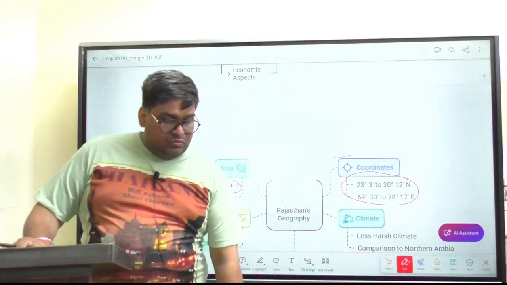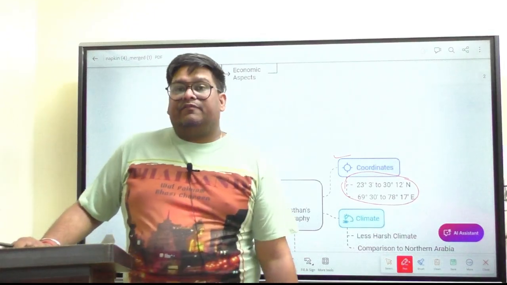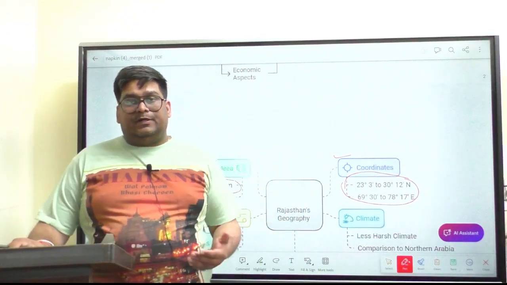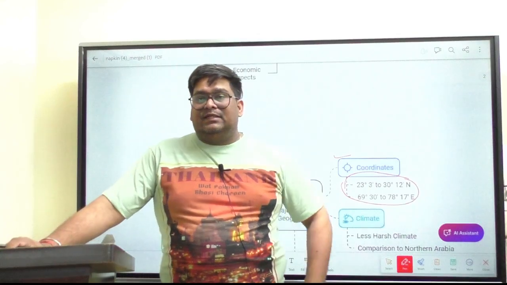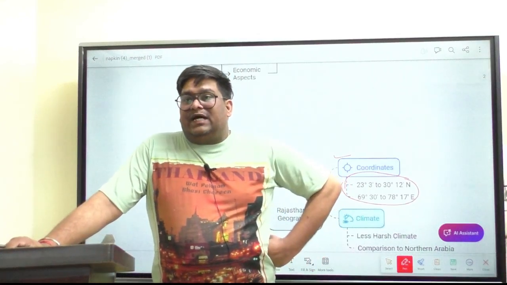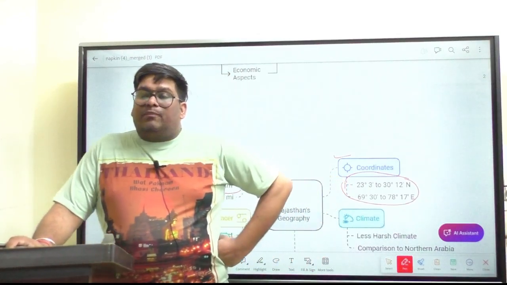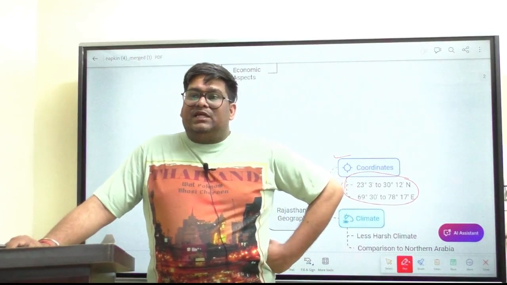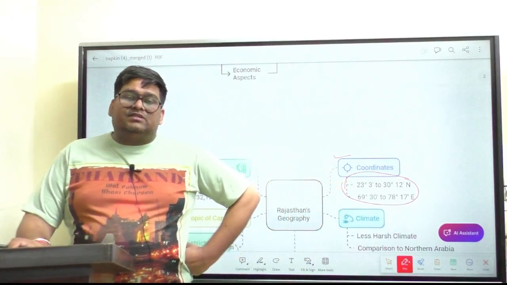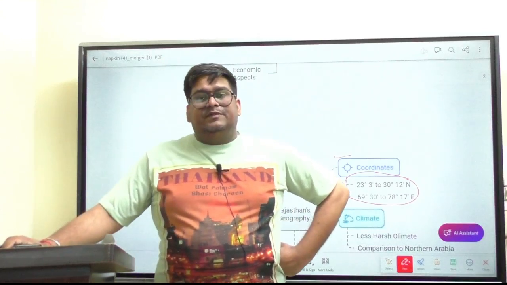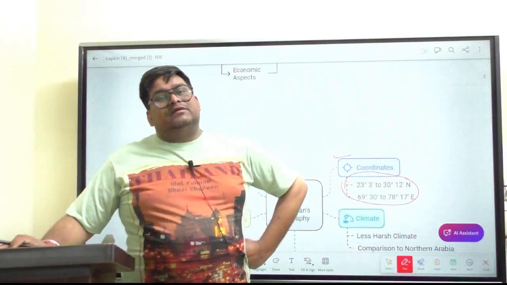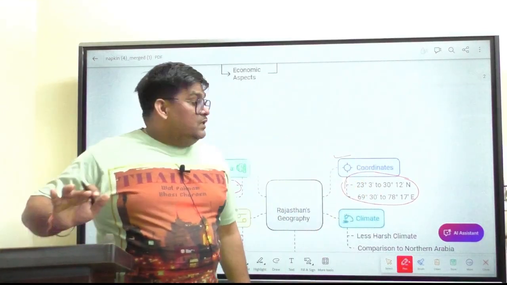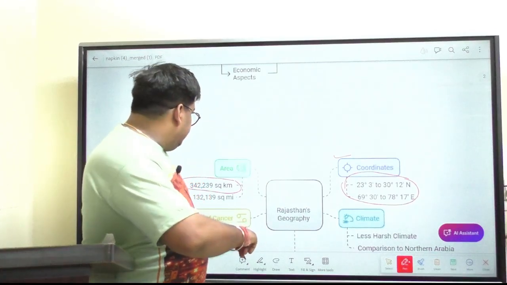You are very well aware of the geographical location of Rajasthan through the map. Here, if you look at the map, the Tropic of Cancer passes through the southern part of Rajasthan. It passes through the Banswara district of Rajasthan.